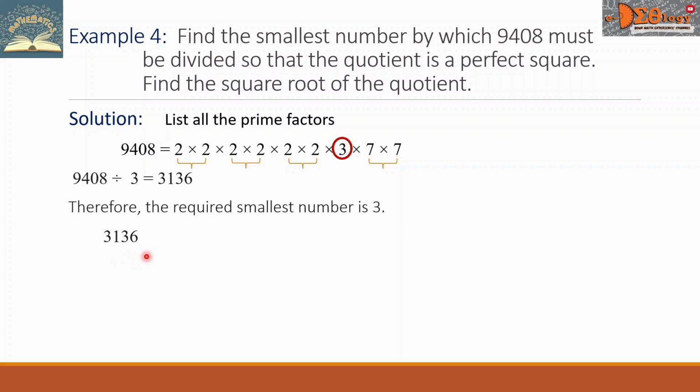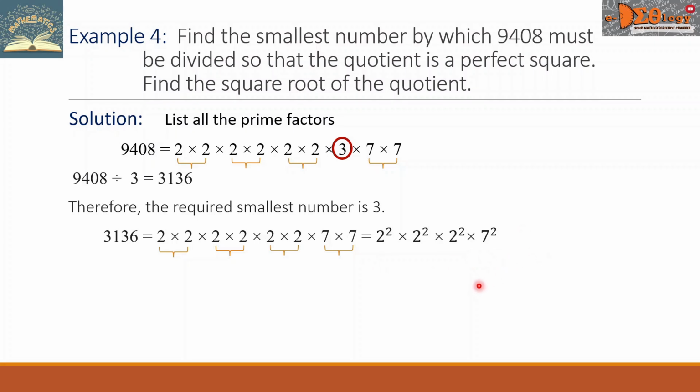3,136. So the prime factorization is 2 times 2 times 2 times 2 times 2 times 2 times 7 times 7. And we can see that the factors are coming in pairs now. So we rewrite this right side into 2 square times 2 square times 2 square times 7 square.